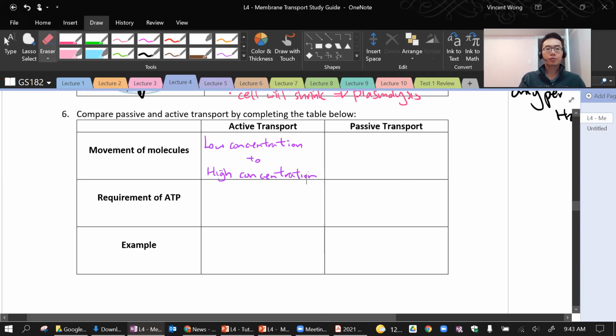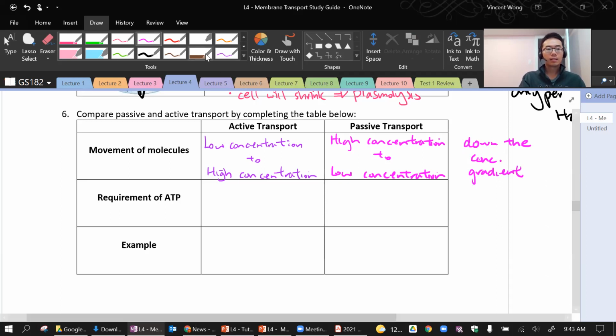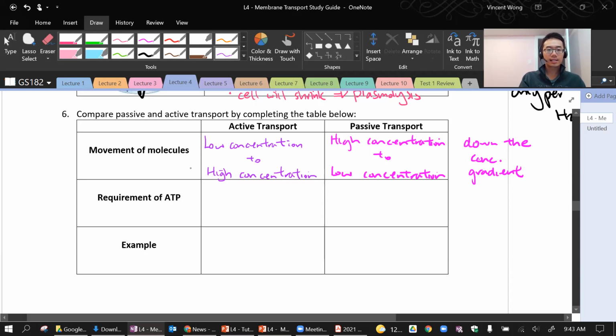On the other hand, passive transport is going from high concentration to low concentration. So this is called down its concentration gradient. Down the concentration gradient. And over here, this is against the concentration gradient.